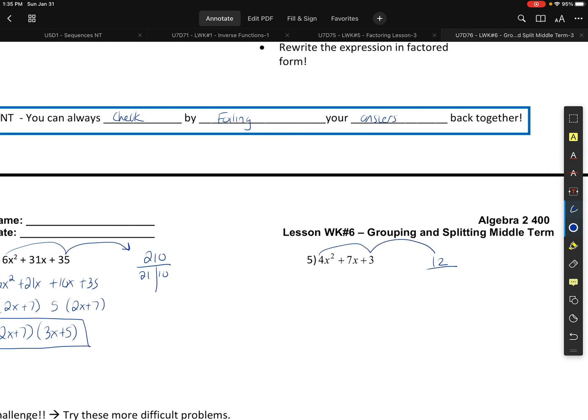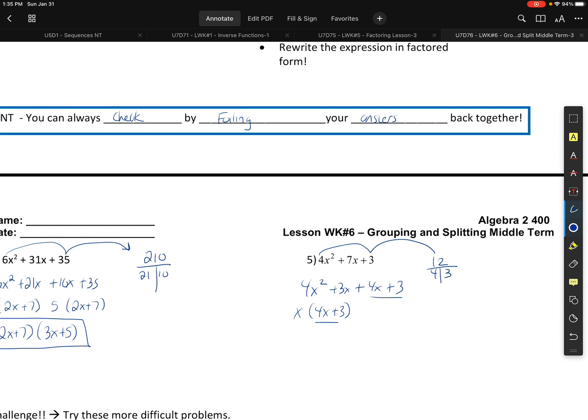4 times 3 is 12. What factors of 12 add to 7? 4 and 3. 4x squared plus 4x plus 3x plus 3. Actually, I'm going to change this one up for a second. If I wrote it as plus 3x plus 4x plus 3, take out an x and I get a 4x plus 3.